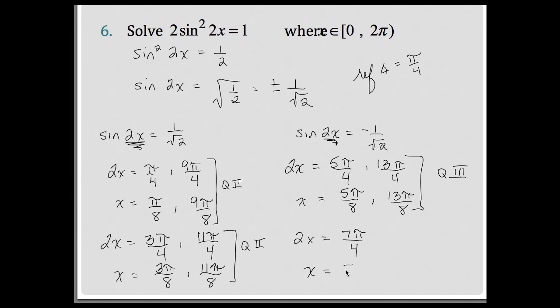Divide that by 2, you get 7 pi over 8. Now imagine starting at 7 pi over 4 in the fourth quadrant, going around a complete circle from that point. So do 7 pi over 4 plus 2 pi. That gives you 15 pi over 4. Divide that by 2, and you get 15 pi over 8. So all this stuff is from the fourth quadrant.